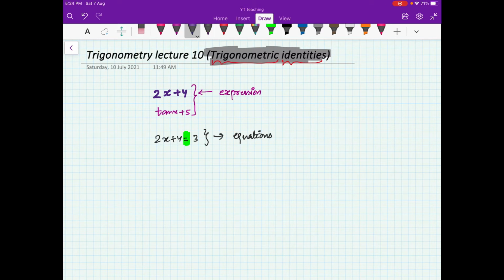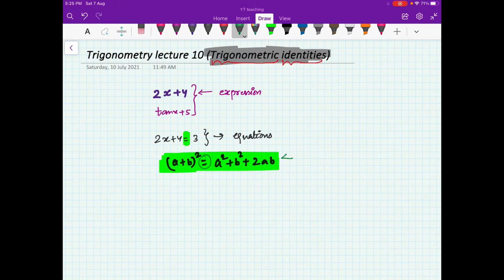And suppose I have this thing, a plus b whole square is equal to a square plus b square plus 2ab, right? Now here you see this is also an equation because it contains an equal to sign, but this is true for all a and b.